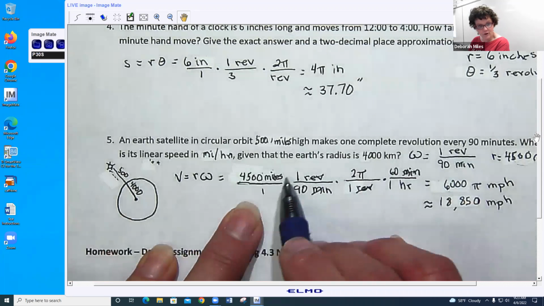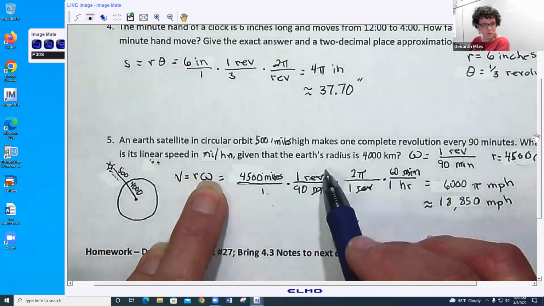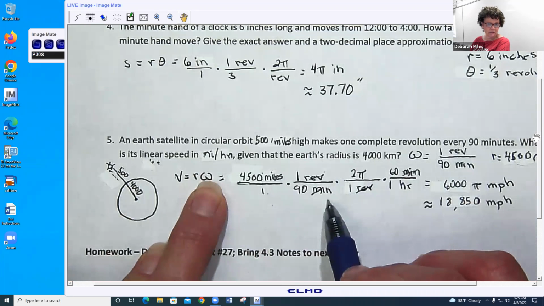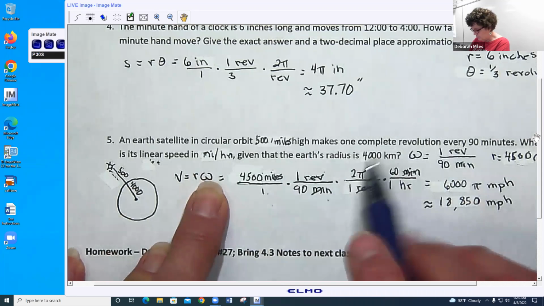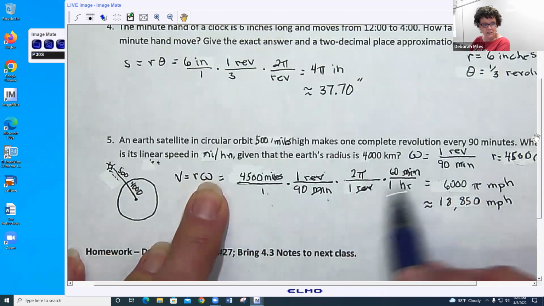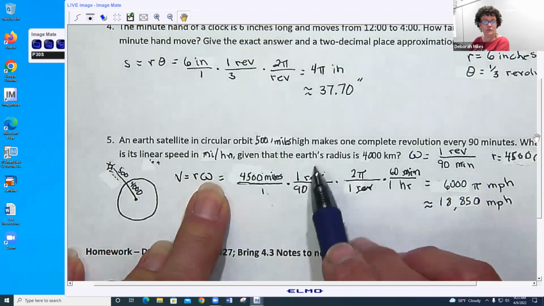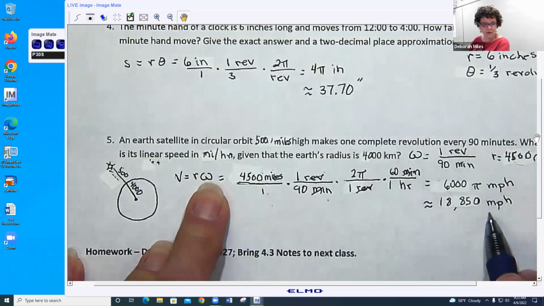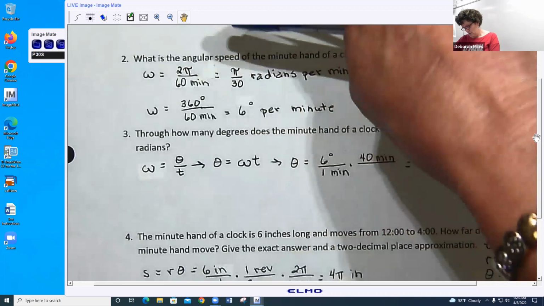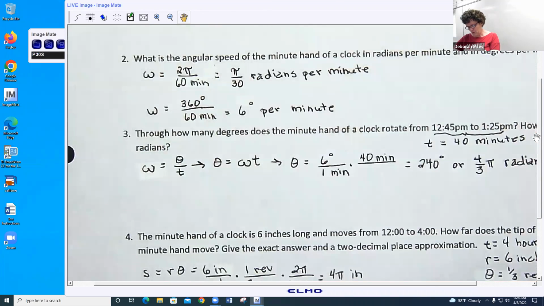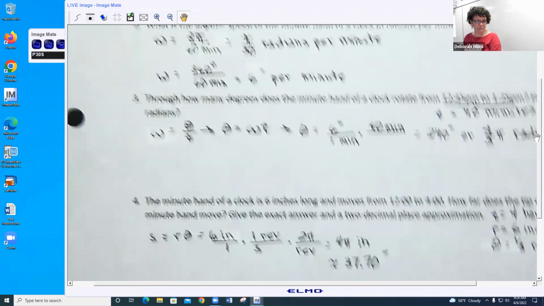So 4,500 miles is your radius. Your omega is 1 revolution in 90 minutes, but you just need to change that to miles per hour. So in this problem, it took me 2 unit fractions to get revolutions per minute into miles per hour. I'd say look back at 41 and look at all 4 of those problems, but the part A and part B on the test are most like number 1 and number 5.